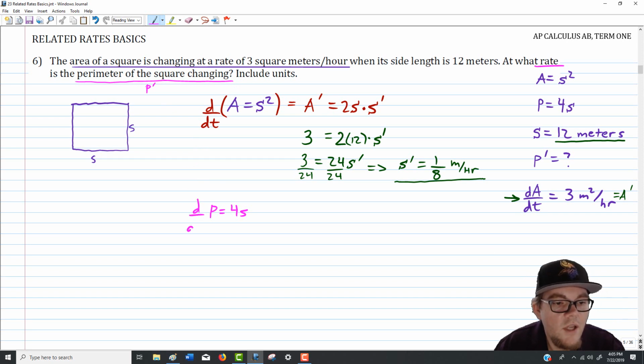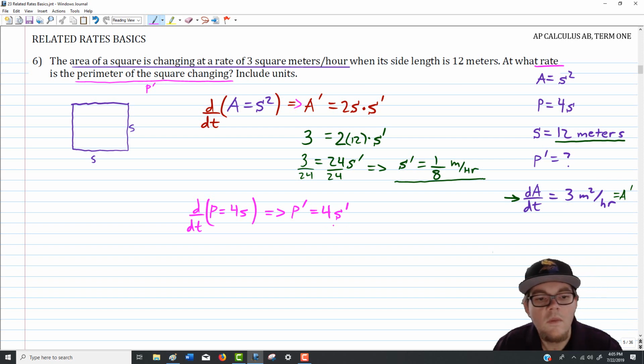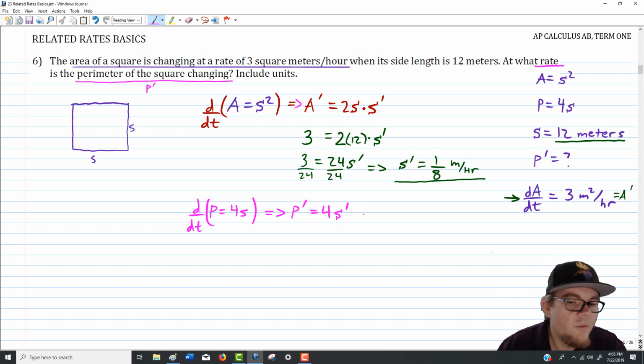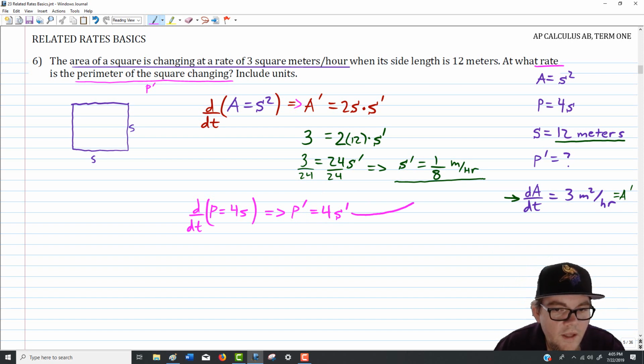So I'm going to differentiate this perimeter equation with respect to t. Pretty common technique. When I do, I get dP/dt equals 4 times ds/dt. So in looking at this equation, you might think, well, shoot, there's 2 variables in there. But really, we know that s prime is equal to 1/8.